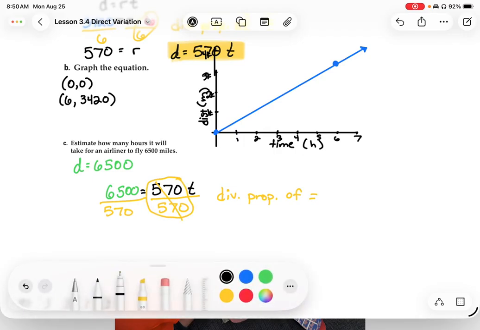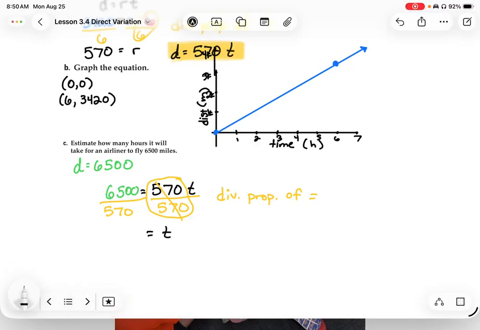And I'm sorry to say, I am going to have to use my calculator here because I have no idea what 6,500 divided by 570 is. Let's see what my calculator says. So 6,500 divided by 570 is, let's see, I got 11.4035, and it keeps going. Let's just call that 11.4.